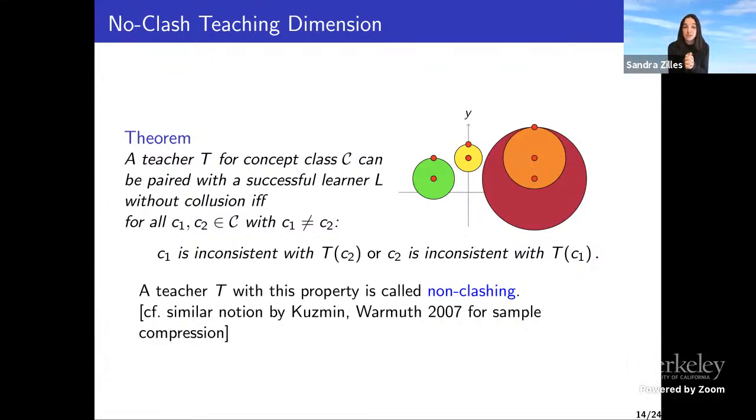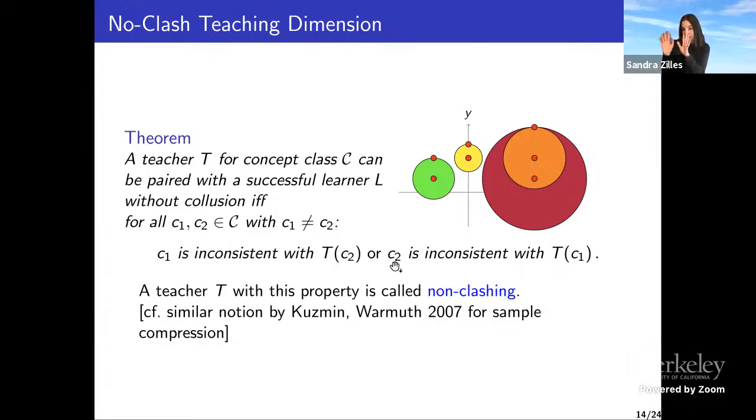A teacher for a concept class C can be paired with a learner such that the two of them are successful and don't use collusion, not only if, but if and only if, for any two concepts in the class, we have the following property. The teaching set for C2 is inconsistent with C1, or the teaching set for C1 is inconsistent with C2.